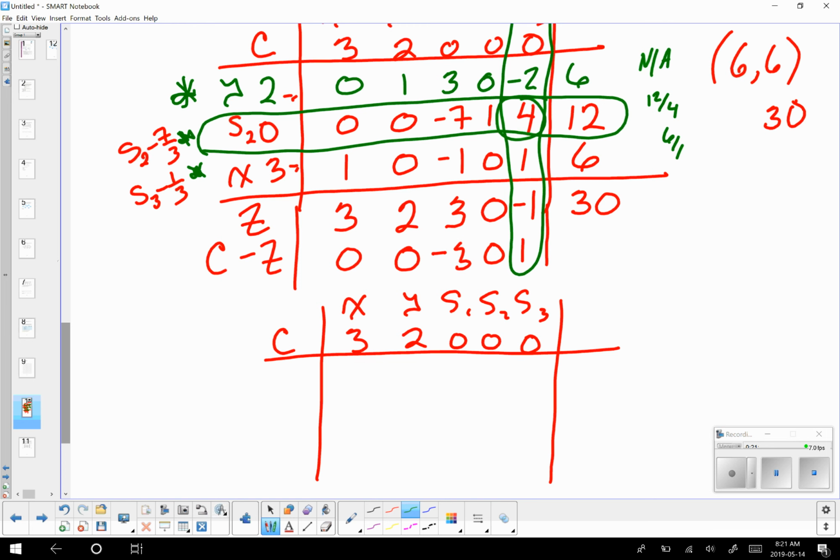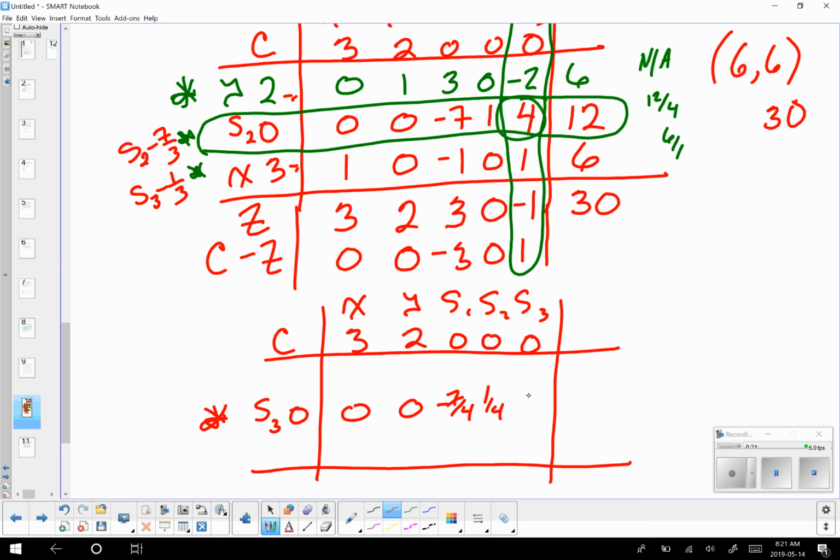I just find it easier to go back and check myself, but there's no reason that needs to be done. So I'm going to now write in S3 in here, and I'm going to divide everything by 4. So that's 0, 0, minus 7 over 4, 1 over 4, 1, and 3.